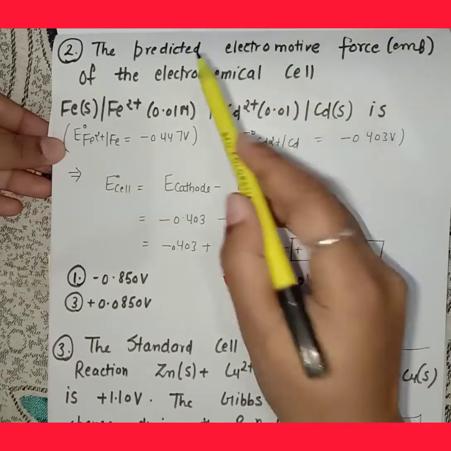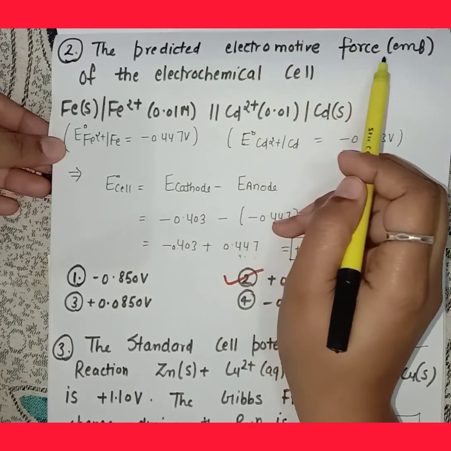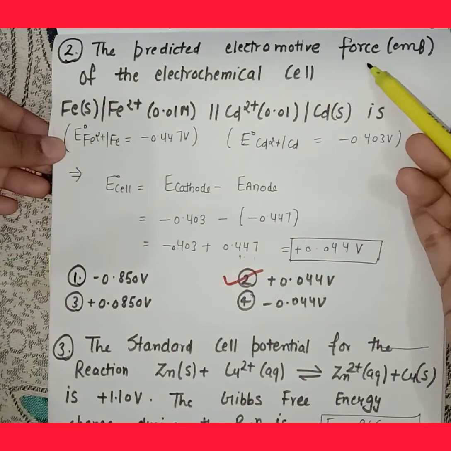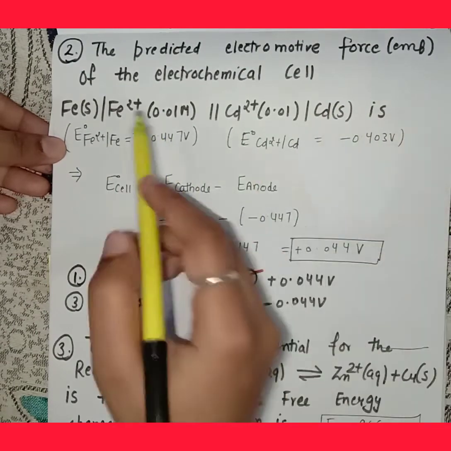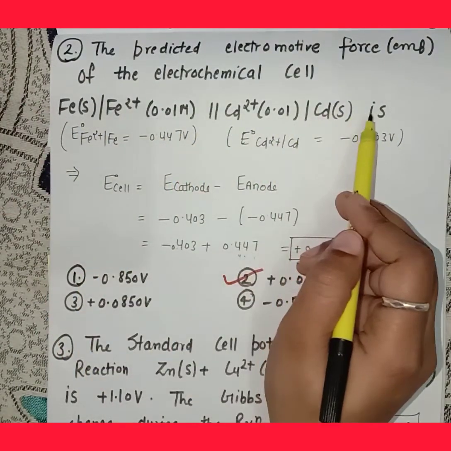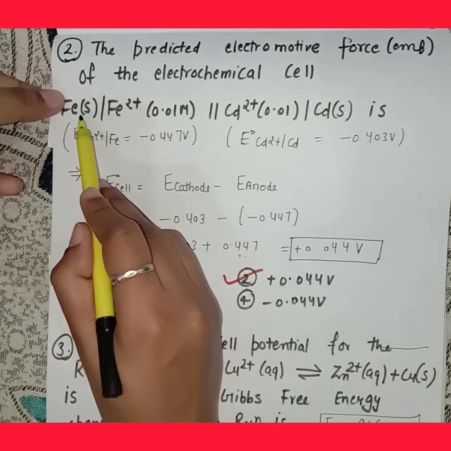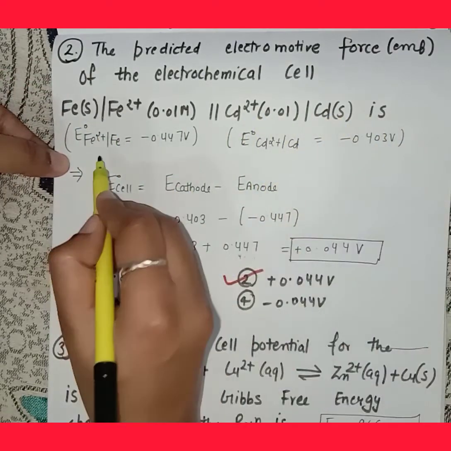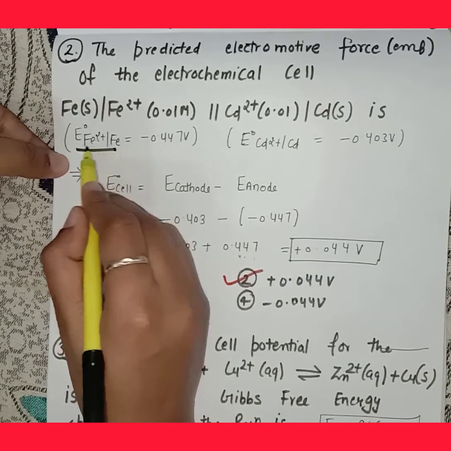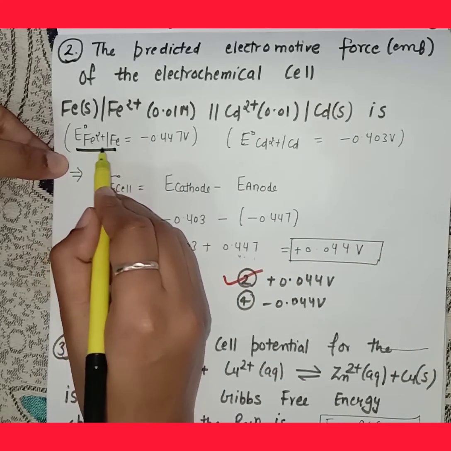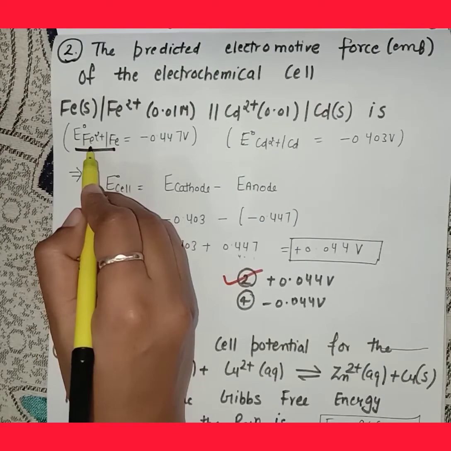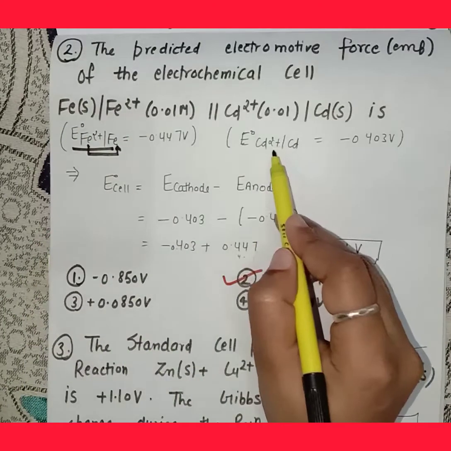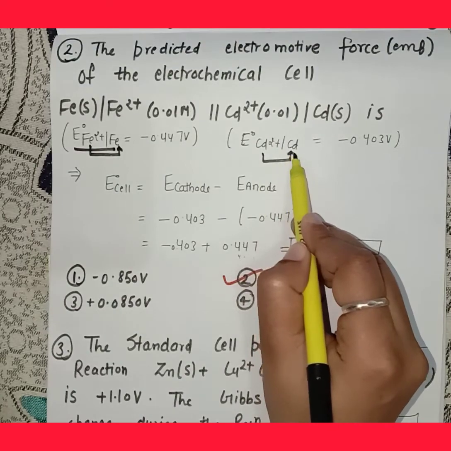Next question is the predicted electromotive force, EMF, of the electrochemical cell. You have to find the electromotive force, the cell potential. The cell is Fe, Fe2+, Cd2+, Cd. This is the E naught standard reduction potential of iron, a reduction potential because it goes from higher oxidation to lower oxidation state. This is also a standard reduction potential.